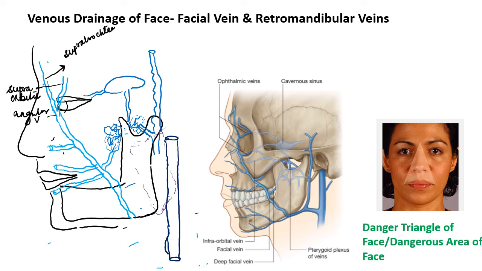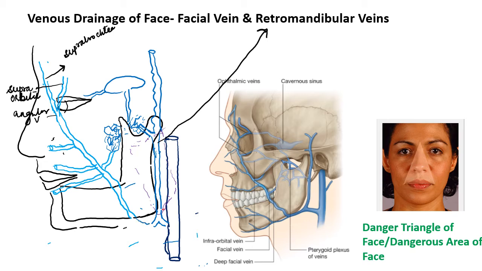In the substance of the parotid gland, it forms another system of veins which is known as the retromandibular vein. The retromandibular vein traverses the parotid, leaves the parotid gland and divides into two tributaries, an anterior division and a posterior division.